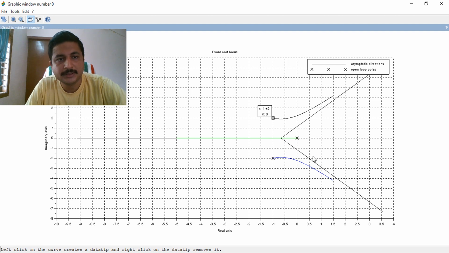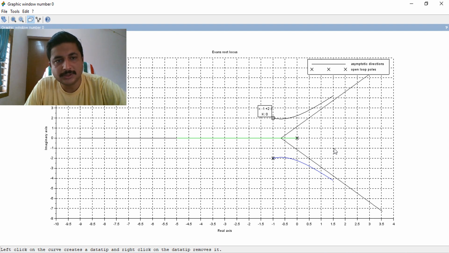The root locus plot is similar to, or matching with, your theoretical values. This is what you have to basically verify. So Scilab is helping you to get a root locus plot, as easy as that.